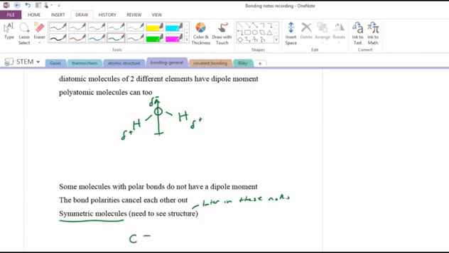But if we have something like this, this bond is polar, this bond is polar, but those dipole moments of the individual bonds cancel each other out, and we have no dipole moment.